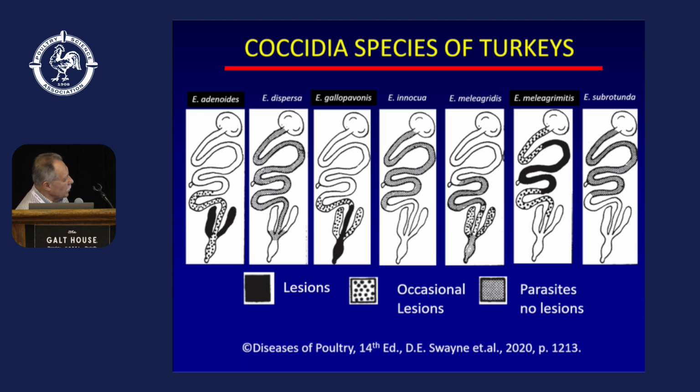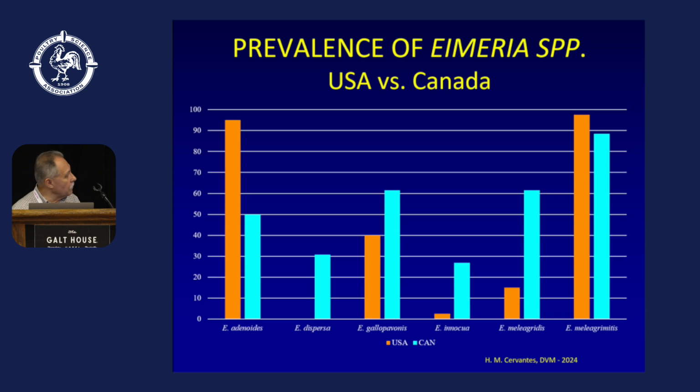So as you can see, different locations, but the 3 pathogenic ones: adenoeides, the ceca; gallopavonis, the distal small intestine, colon, rectum; and meleagrimitis, the proximal small intestine and middle small intestine. The others, meleagridis, may produce some mild lesions. There's some debate. Dispersa, innocua, and subrotunda pretty much are considered non-pathogenic.